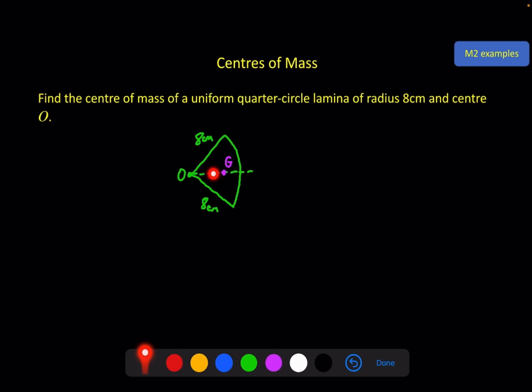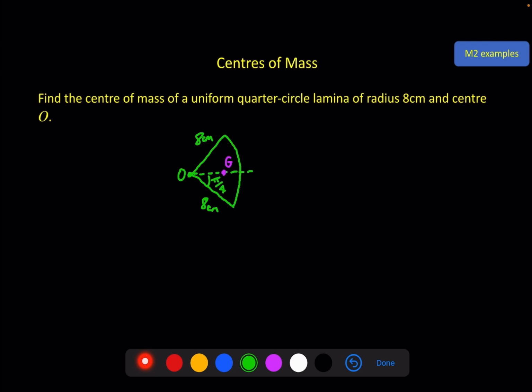This is 90 degrees, but I need to work in radians, so I'll call that pi by 2. So alpha is pi by 4. So I would write it on as alpha there, pi by 4, because if I write pi by 2, there's a chance that I'll make a mistake by putting pi by 2 into the formula.